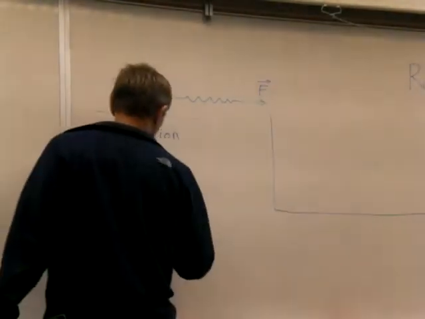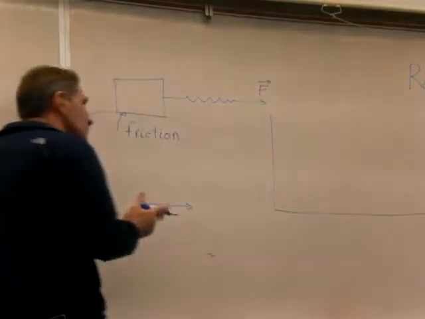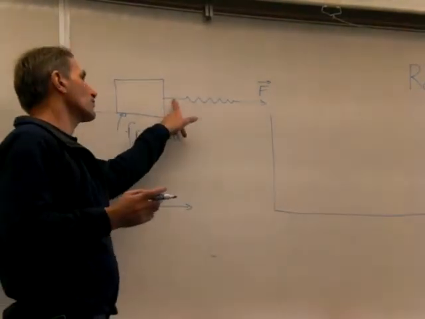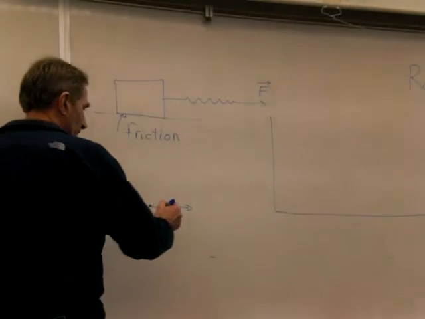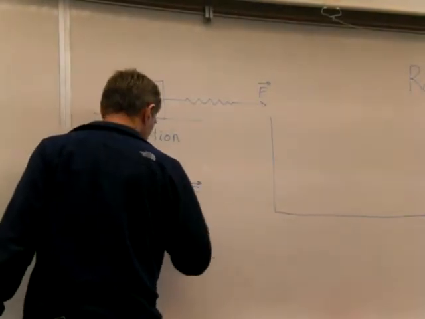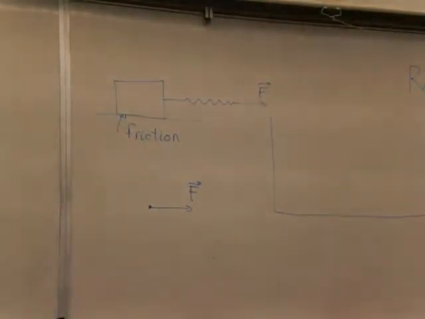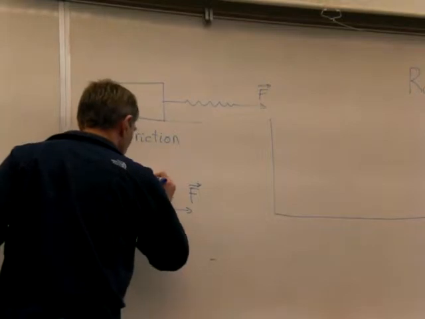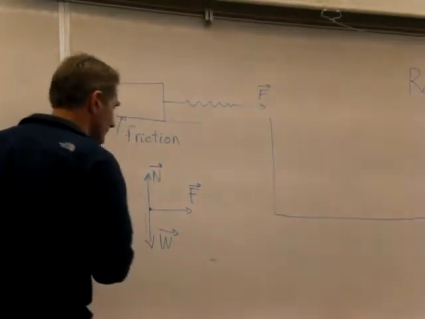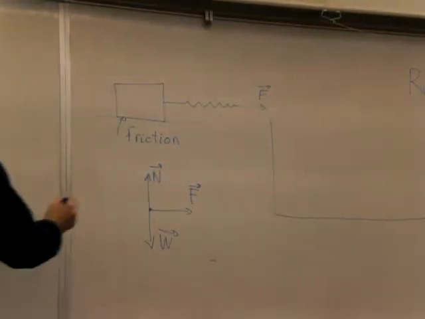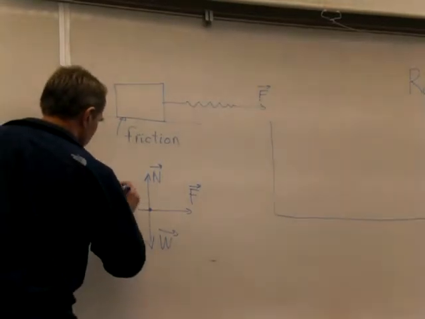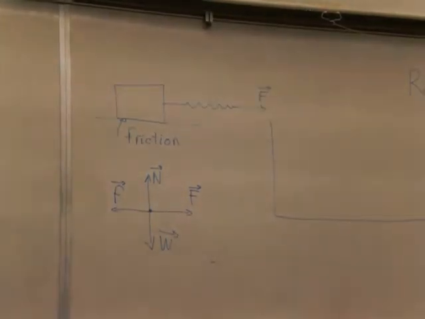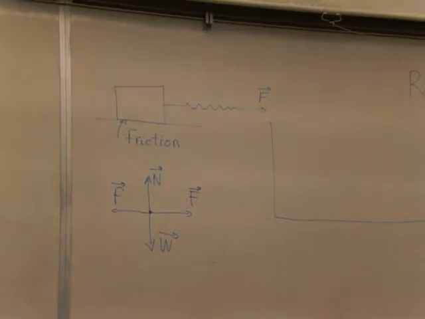Right, we have the force, let me just call it F. Technically it's not exactly F, it would be the force here, but it's going to be equal to F. What else? The weight of the block, and the normal force, and the force of friction, which opposes the force by the spring.